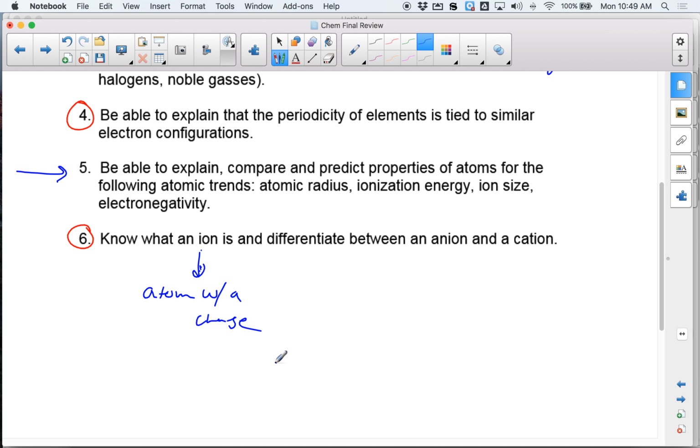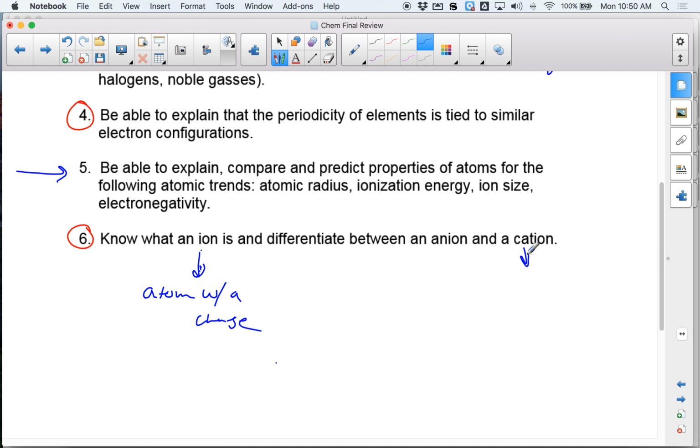So if something gains electrons, it'll be negative. That's fairly self-explanatory. But students get mixed up. Oh, it's positive, it must have gained positive charges. No, it lost electrons. It lost a negative charge to become positive. Gaining electrons makes it negative, losing electrons makes it positive. And we have specific names for those things.